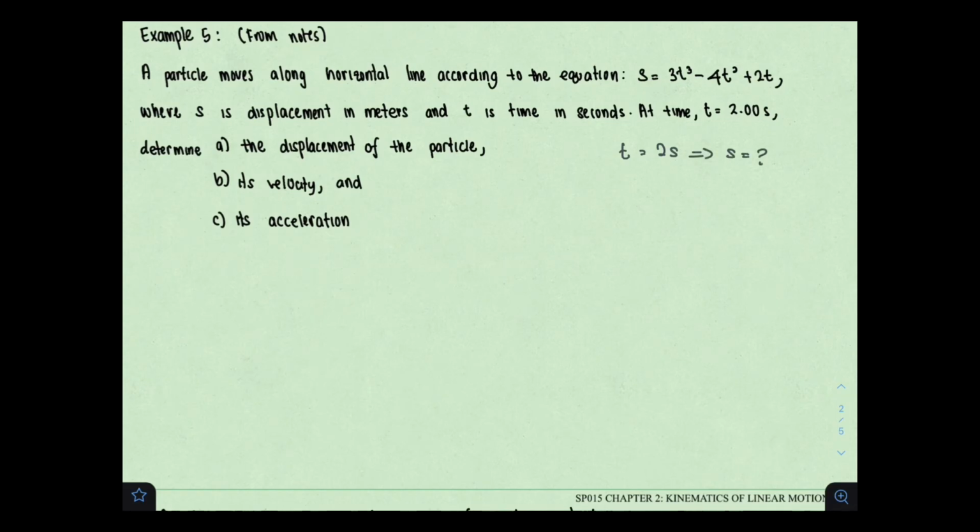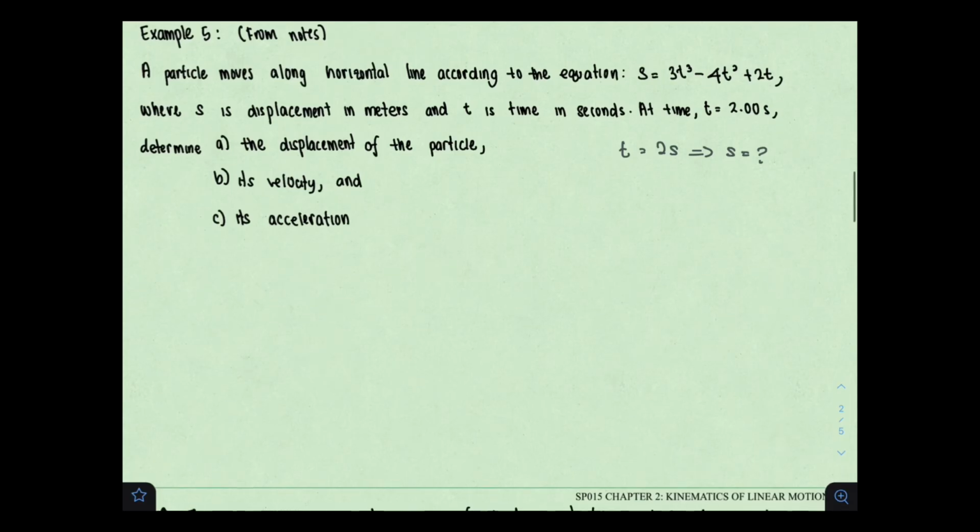Maksudnya kita berada pada jarak, what you have displaced how much in that particular 2 second. Sebab asalnya awak tengah bergerak with this particular equation. You're moving with respect to this equation where you have displacement in terms of time. Okay, kita ada equation displacement with respect to time.